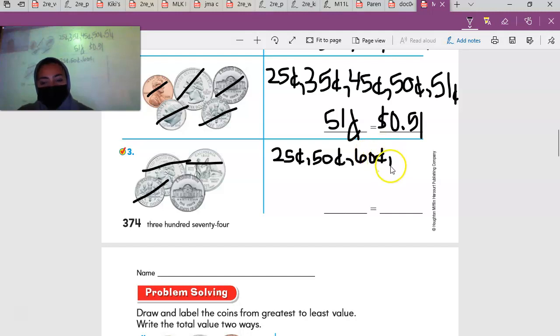And then 60 plus 5 is? 65 cents. So this is 65 cents. You also can write that by dollar sign, 0, decimal, 65.